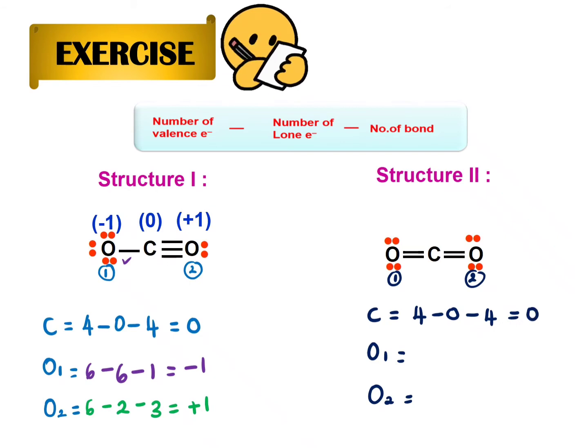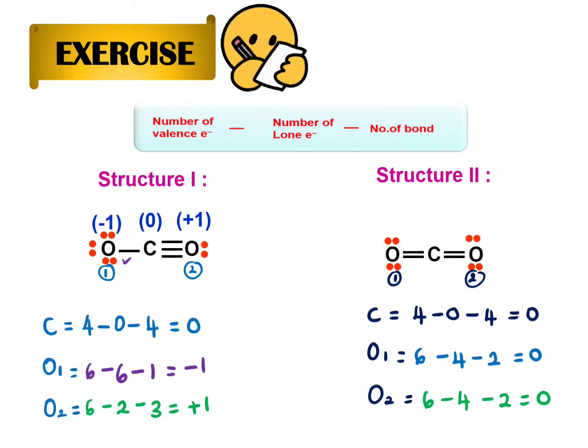And then we do the first oxygen. 6 valence electrons for oxygen, minus the number of lone electrons at the first oxygen, we have 4, minus the number of bonds at the first oxygen, we have 2. So you will get 0. For the second oxygen also, the structure is the same as the first oxygen, so 6 minus 4 minus 2 equals 0.